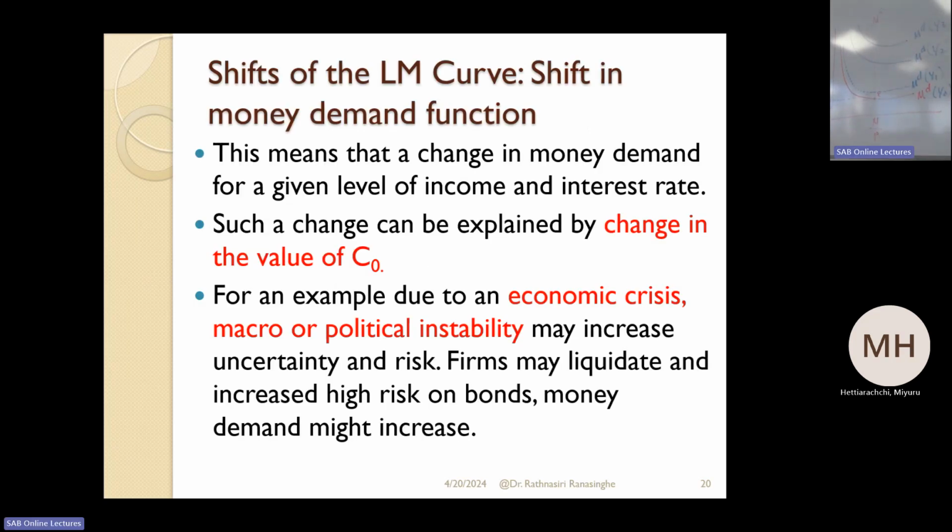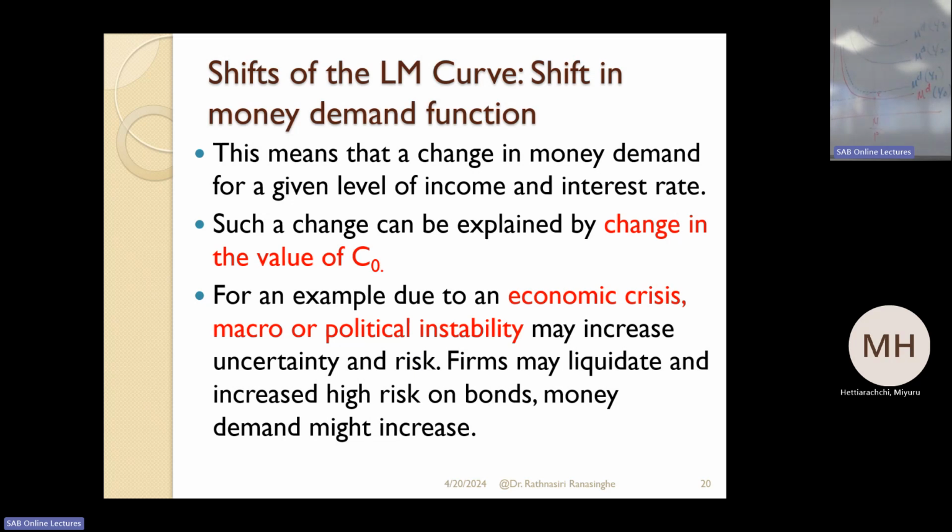And the other one is the money demand function. Shifting the money demand function mainly explains the change in the autonomous money, which is explained by C naught. Under what circumstances can this autonomous money demand change?